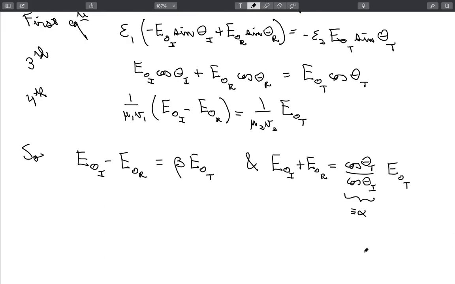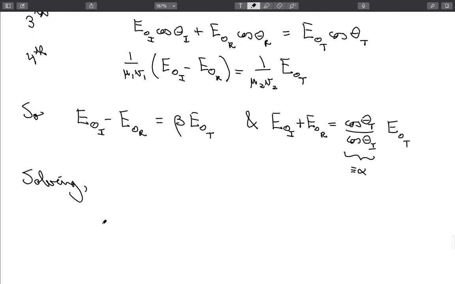Okay. So if we just solve this, once again, for writing the reflection and transmission amplitudes in terms of the incident ones, what we get are the following two equations.